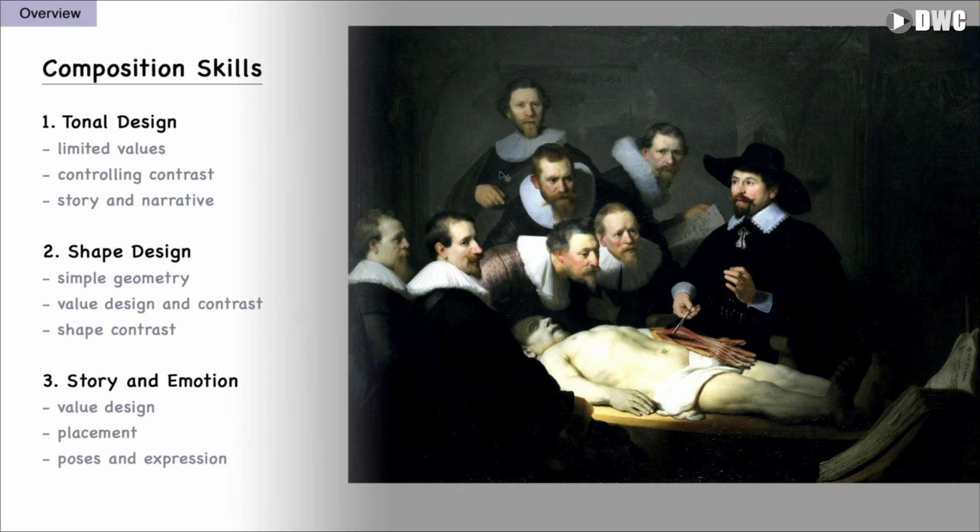So we're going to look at tonal design in terms of limited values and also controlling contrast, and also how he uses it to create story and narrative. And here is one of his most famous paintings, the Anatomy Lesson. You can see the beautiful and powerful and eye-catching use of value.